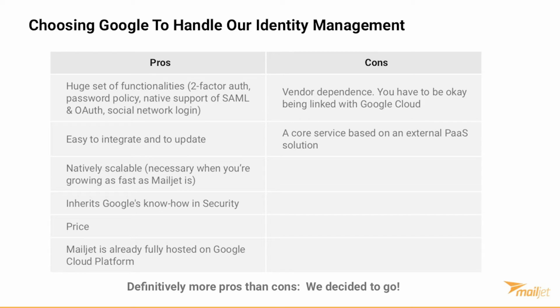So it depends on your business. You have to think about that, weighing the pros and the cons. But in our case, we definitely decided to go with Google, and we did the implementation in a very easy way, I would say. We can talk about that a bit later if you want to go into more detail regarding the decision.